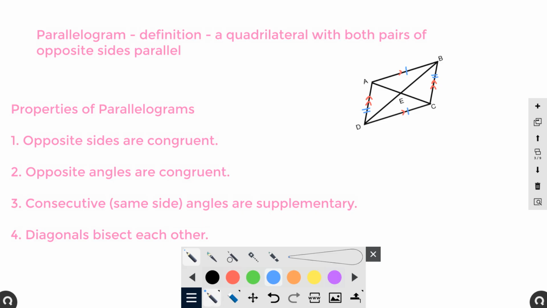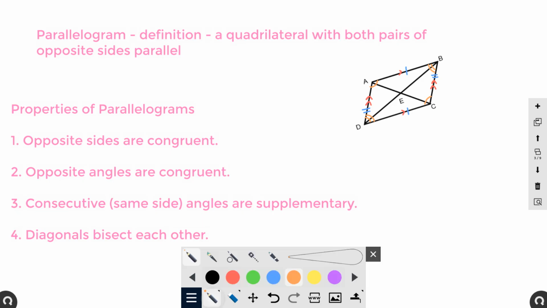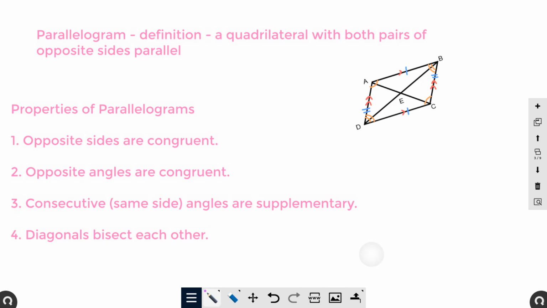Then we measured some angles, and we found that this angle up here at A was equal to angle C, and angle D was equal to angle B. That's right, so opposite angles are also congruent.